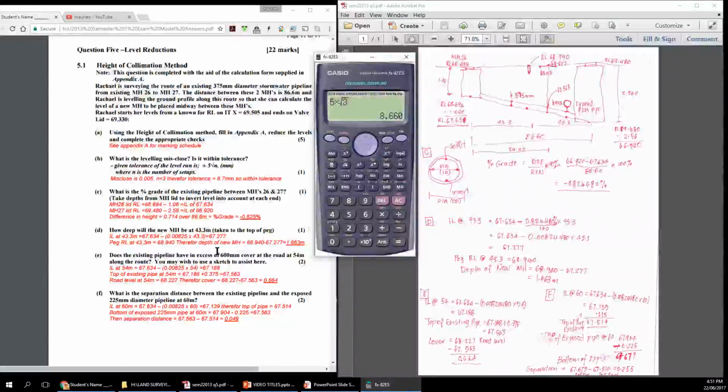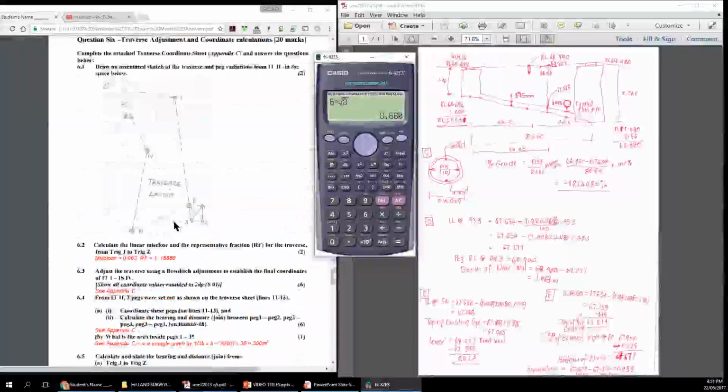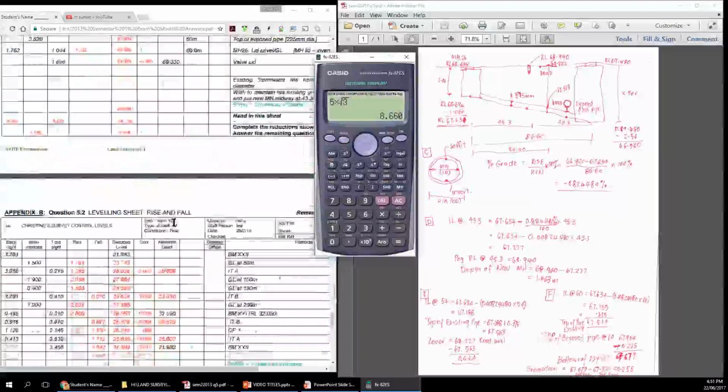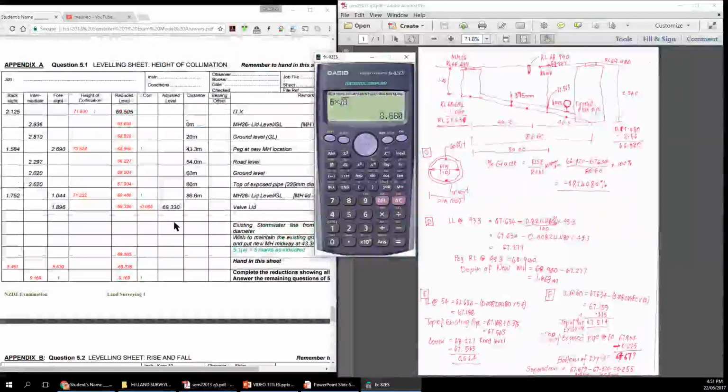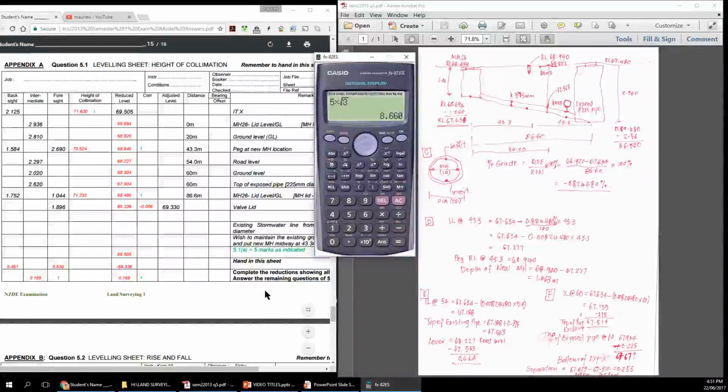So first of all, you need to go back to the information here, and what you find is you've got manhole 26. Unfortunately, that should be manhole 27. So manhole 26 has got a lid level of 68.694, and we're getting that from here. 68.694.